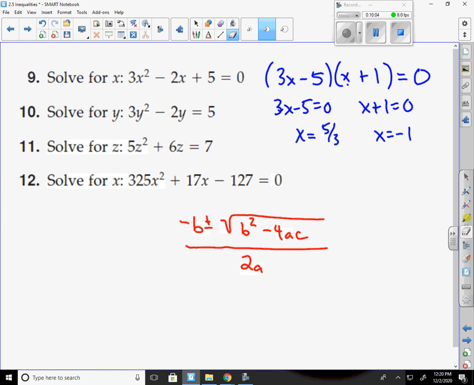And now I just plug each of these values in. So negative of a negative 2 is a positive 2, plus or minus the square root. Negative 2 squared is 4, minus 4 times 3 times 5, all over 2 times 3.